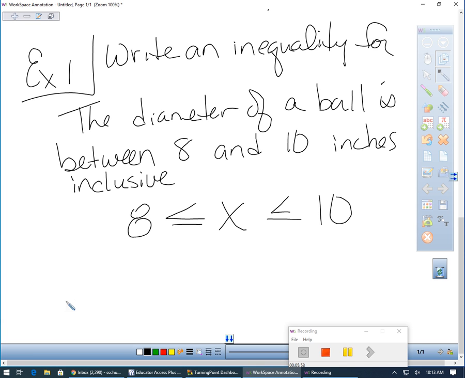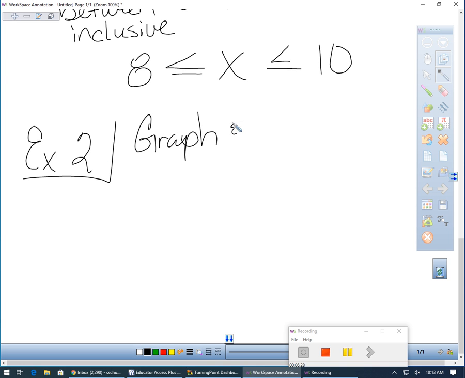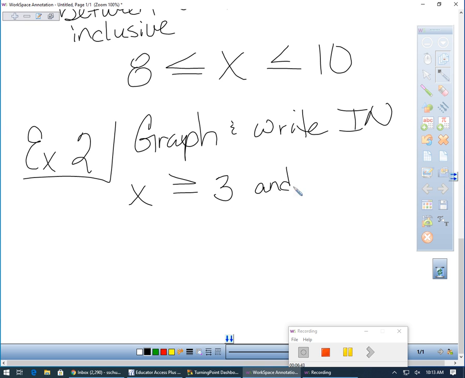All right. So let's try this one. Example number 2. I want you to graph and write interval notation. And I'm going to start by saying that x is greater than or equal to 3 and x is less than 9.